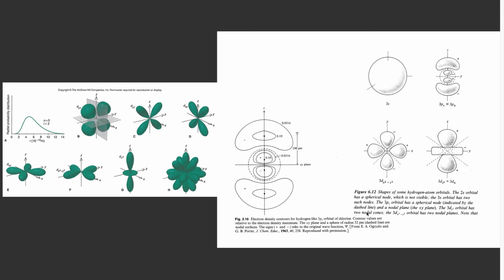So nodal cones instead of nodal planes. These don't have any radial nodes. They have 2 total nodes because the total number of nodes is equal to n minus 1, and n is equal to 3 here, so it's 2. But 2 nodal planes for the 3d x squared minus y squared and 2 nodal cones for the 3d z squared.